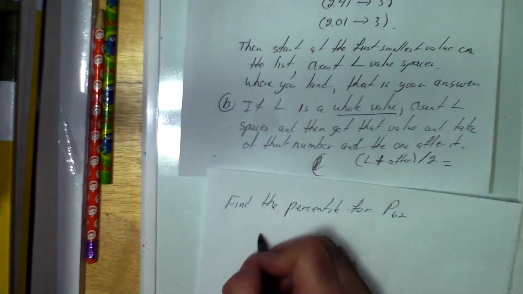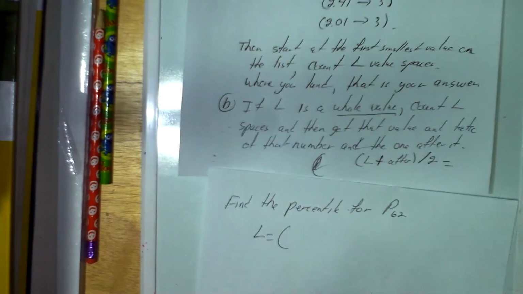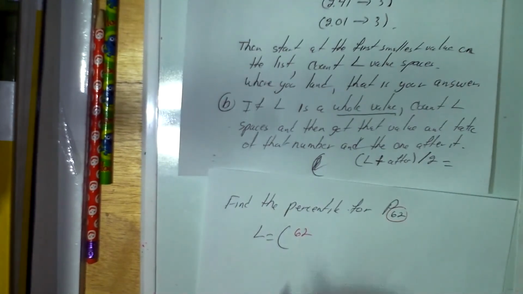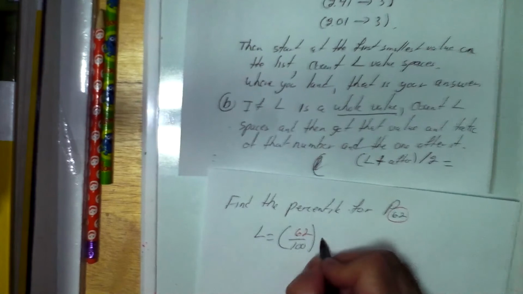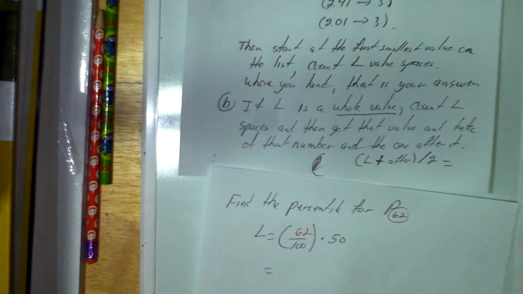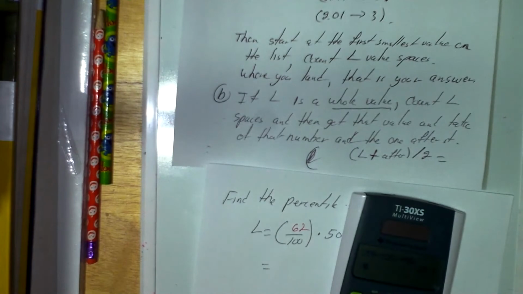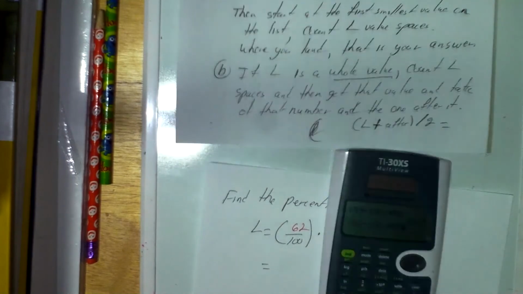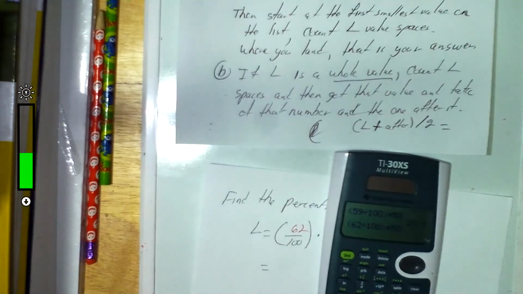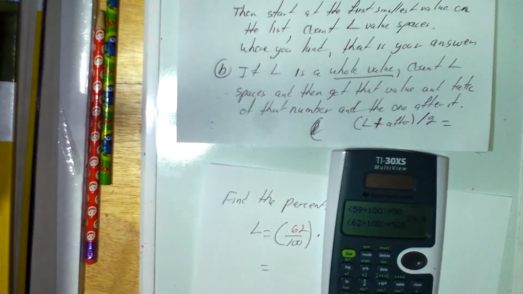Okay, so they're in order. I'm going to do L equals 62 over 100 times 50, right? Because that was the number of data in our thing. I'm gonna type it into my calculator. 62 over 100 times 50.